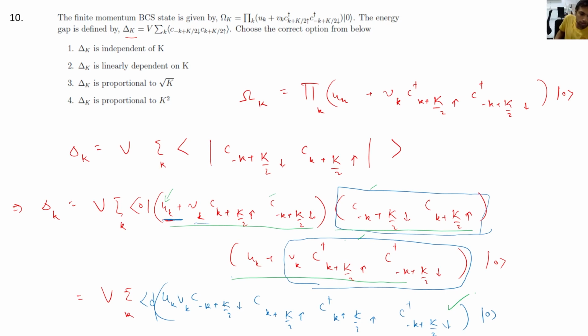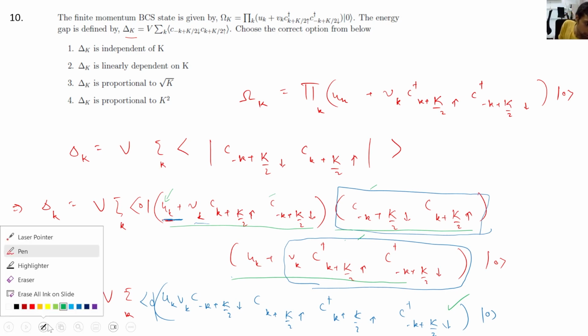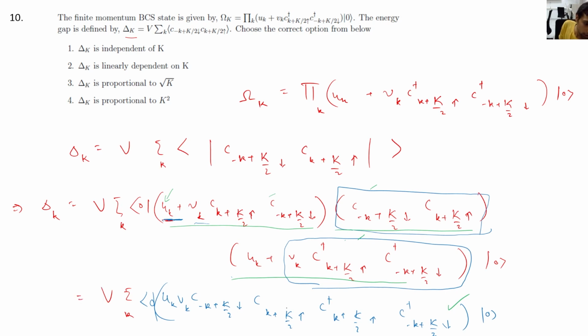Now in this you see there is C. Here you have one annihilation operator and the creation operator. If you have an annihilation and a creation operator, I will try to explain with a normal example.